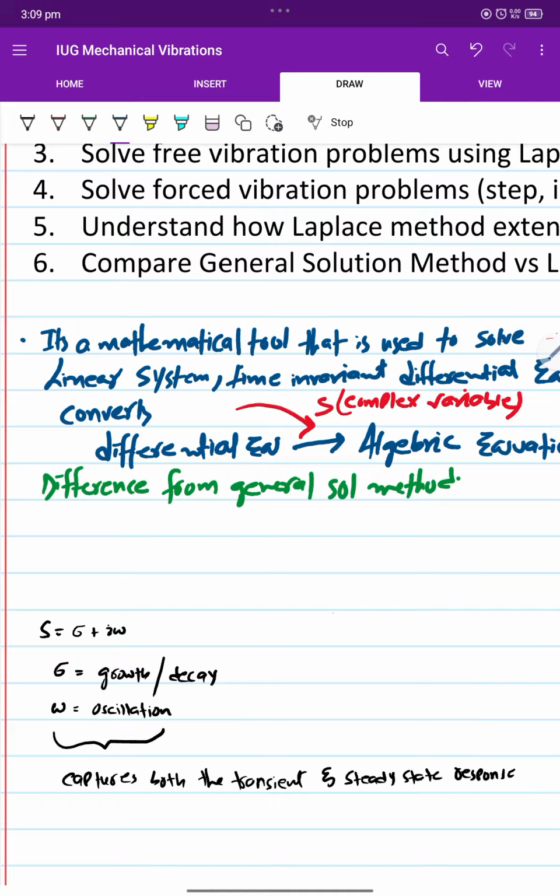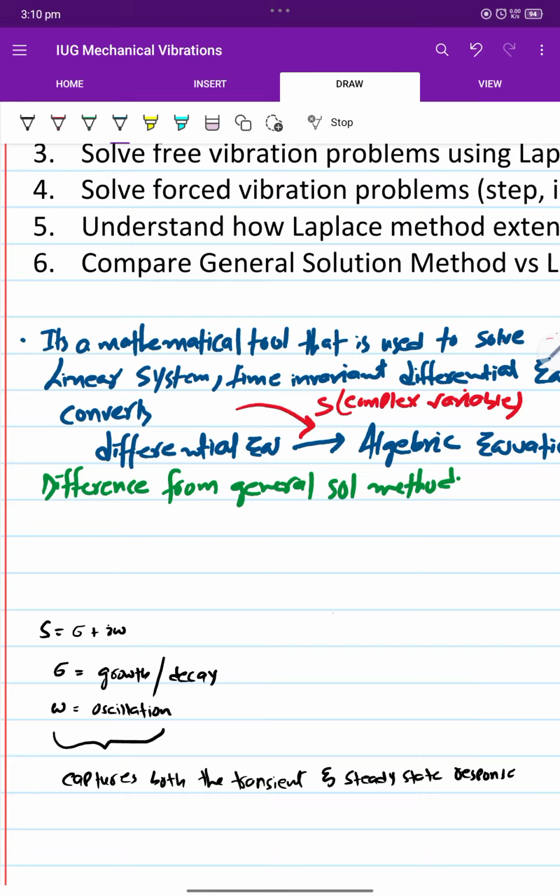Up till now, the systems we solved had a simple force applied, either a simple force or a simple harmonic force. We haven't seen the ramp force, the impulse, or the step force. For the general solution method, what we saw is only harmonic forces, which is comparatively easy, and it becomes even messier when it's multi-degree of freedom, and compared to that, the Laplace transformation is easier for that one.